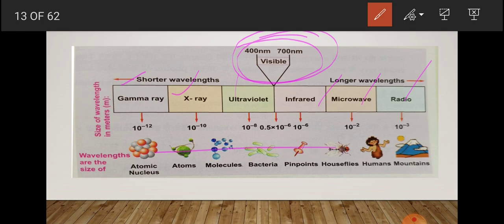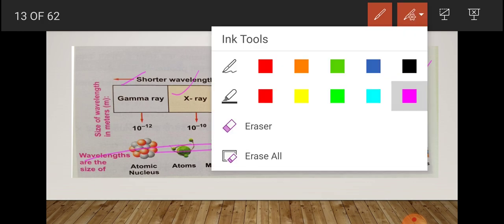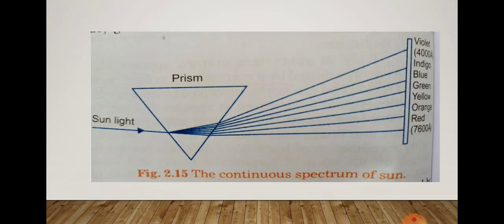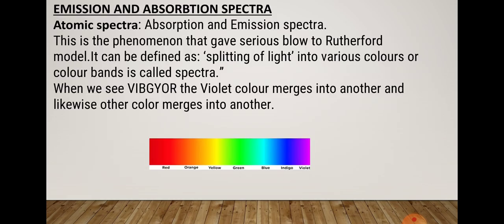On the basis of this, we can study about emission and absorption spectra. Actually, the electromagnetic spectrum consists of radiation of different frequencies and wavelengths.